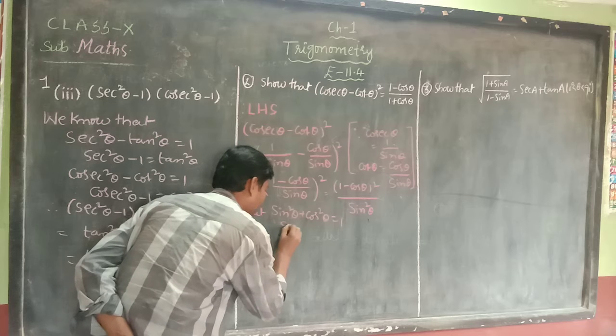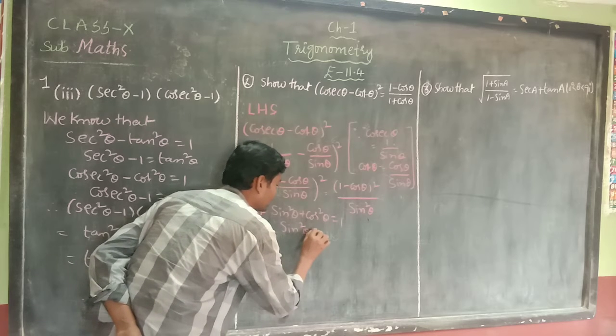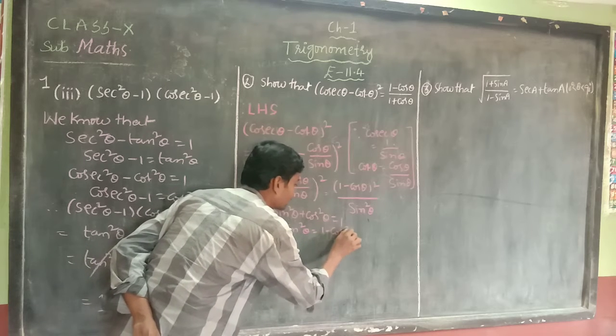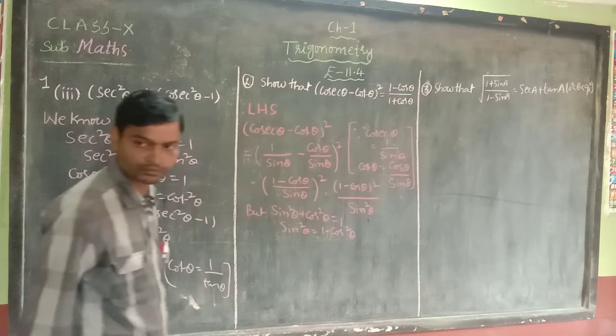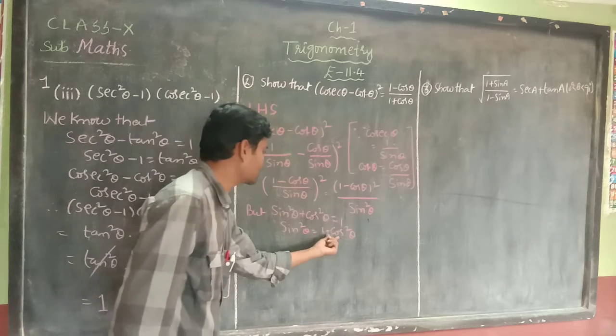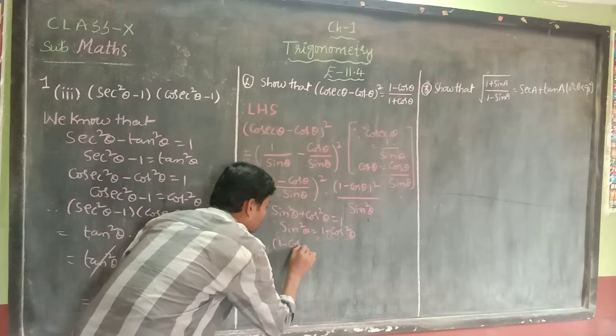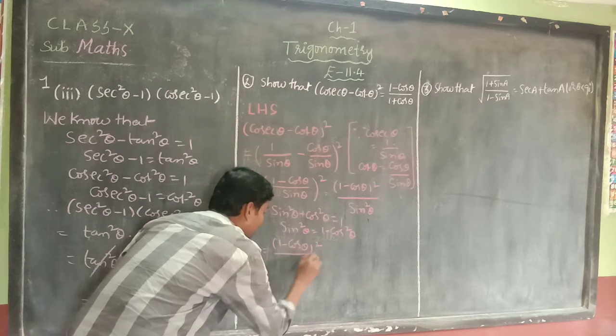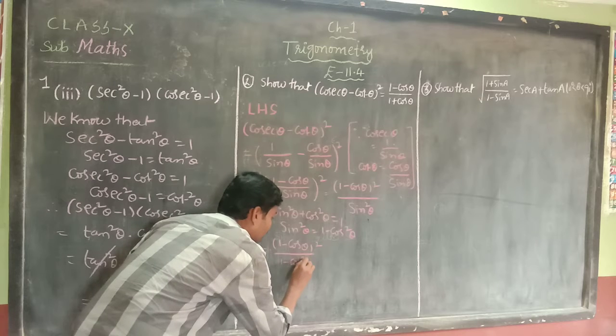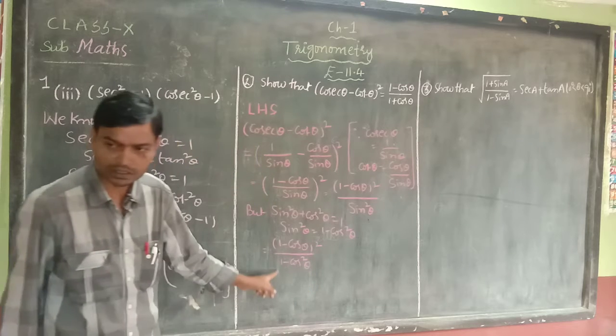With this, sin square theta is equal to 1 minus cos square theta. So substituting this value, what will we get? 1 minus cos theta whole square by 1 minus cos square theta.